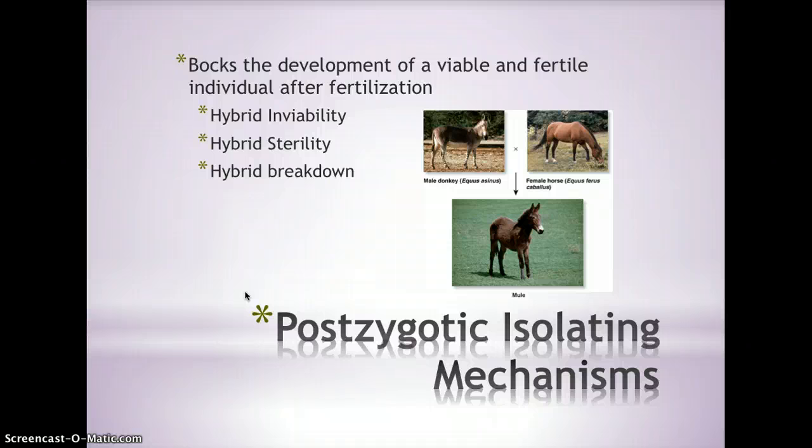The final way is hybrid breakdown, which makes interspecies hybrids that are viable and fertile, but the subsequent generations are going to have detrimental genetic abnormalities, and that's often caused by changes in chromosome structure.